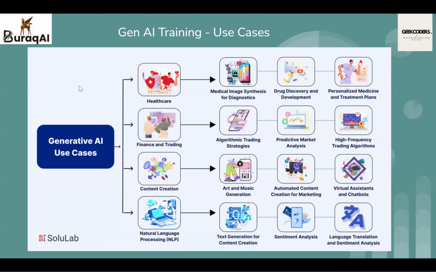If you look at the use cases, GenAI mostly fits retail, customer care, travel, NLP, research, and legal. These are the areas where it has the most value right now.